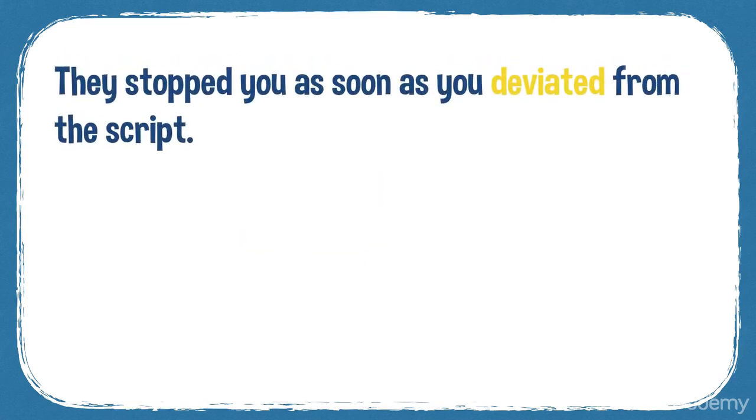In the middle of the word deviate is via, which is a Latin word which means way. So if you deviate, it means you go from the way, you leave the way. So if you deviate, you go from the normal way of doing things. They stopped you as soon as you deviated from the script.